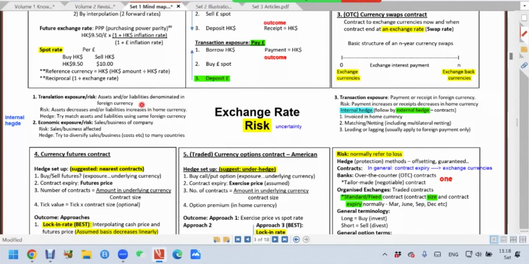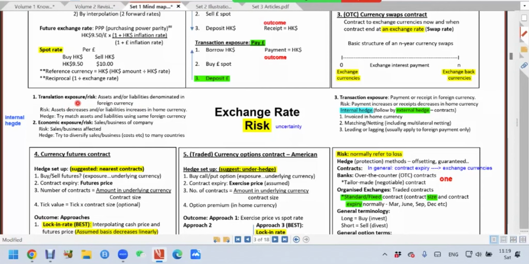So if there are changes in the exchange rate, for example, pound goes down in value, pound depreciates, your asset of 10 million pound is still the same. But when you translate to Vietnam dong, the amount in terms of dong has gone down. We say you have the risk of loss here because the asset in terms of dong has gone down because of the translation.